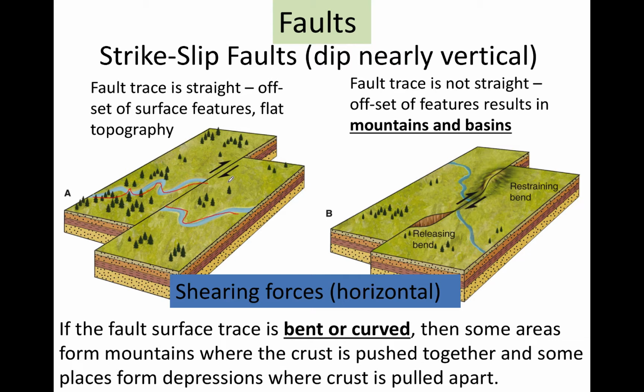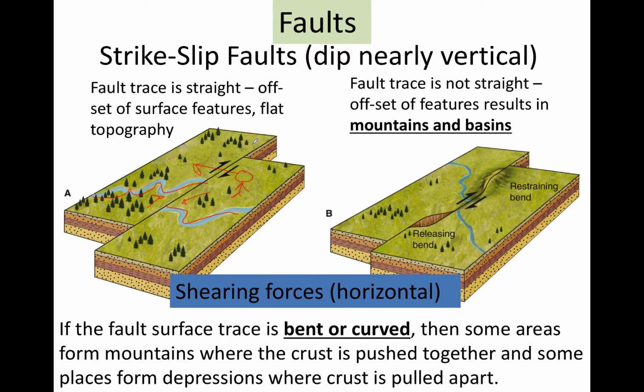Again, all we're trying to do is determine the relative motion of the blocks on each side of the fault. So if I stand on a block, and I look across to the other side, I want to see which direction the other block has moved relative to me. So I look at this stream, right? The stream has moved to the right relative to this segment down here.